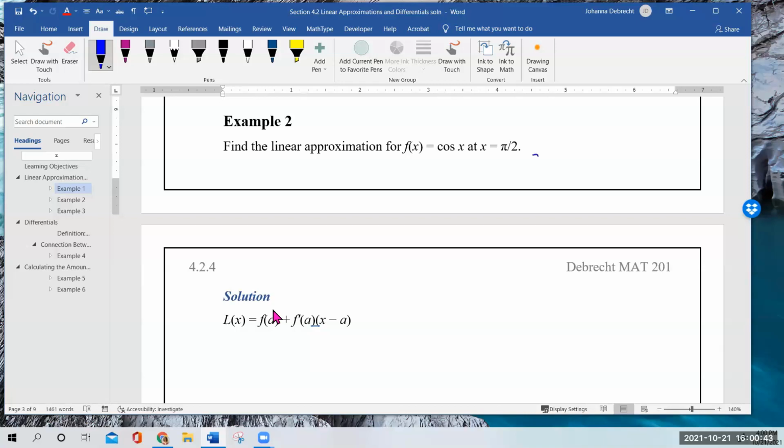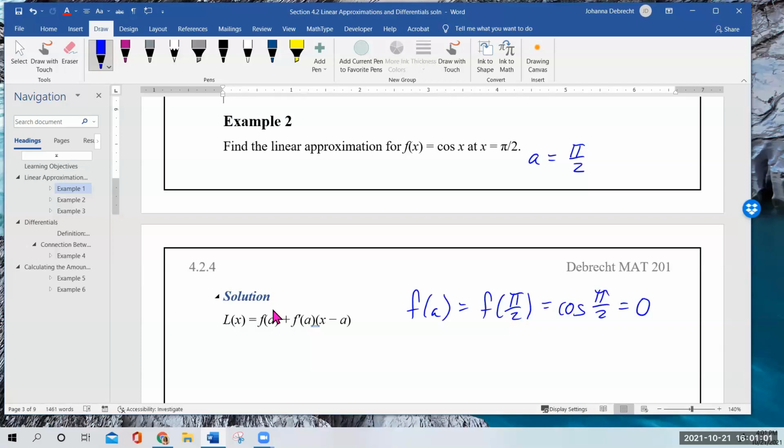Our value of a right here is going to be pi over 2. For the function value at a, I have the function value at pi over 2, which is basically the cosine of pi over 2, which I know to be 0.